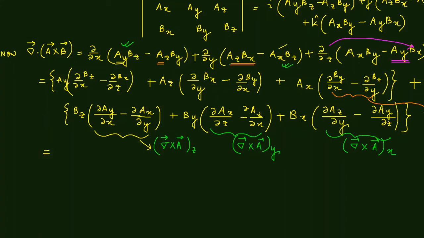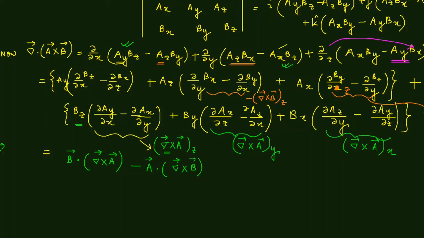Earlier I wrote it a bit incorrectly. So this term will actually be del z of by. And if it is del z of by, then that will be negative curl of B, so now the second term will be negative curl of B z component. Similarly, the first one will be negative curl of B y component.